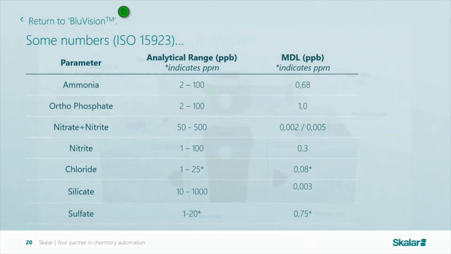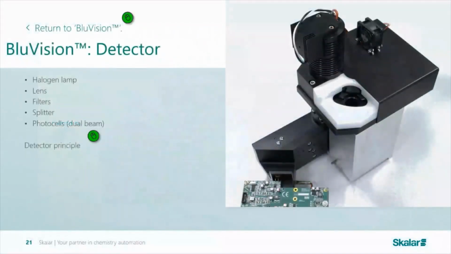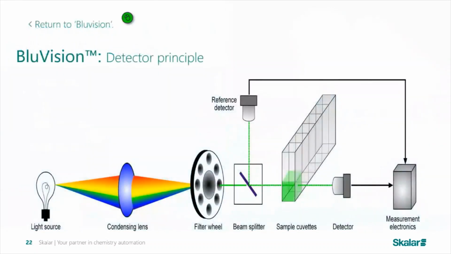And staying with detection, we move to the detector itself, and that consists of a halogen lamp, a lens, the necessary filters for our particular set of parameters, a splitter and a photocell, and these combine as follows. We have our lamp, our light source, the light from which is focused, condensed, and passes through the necessary filter for our analyses.